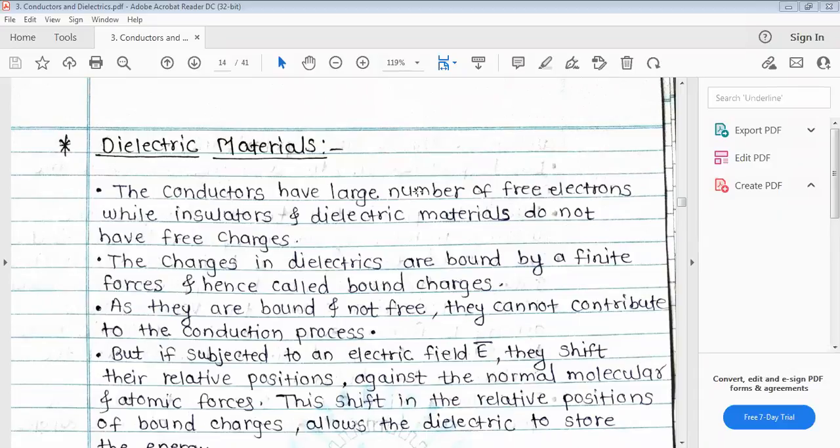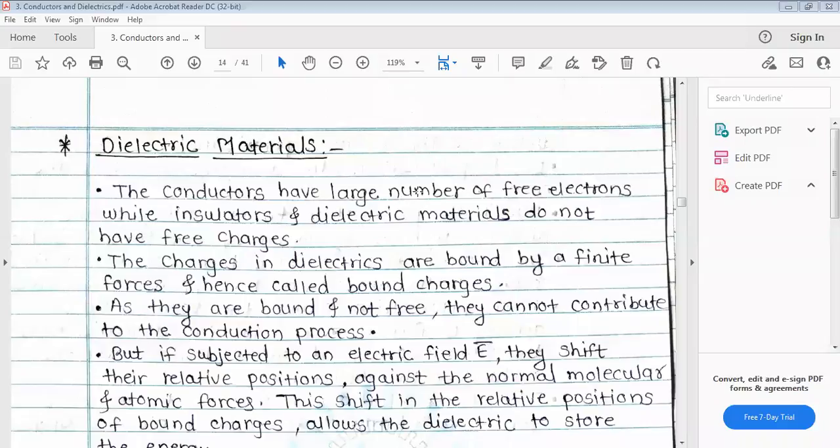Free electrons are available in the conductor, but not in the dielectric material and the insulators also. No free electrons are available there. Then how will the current flow? The current cannot flow through these dielectric materials.